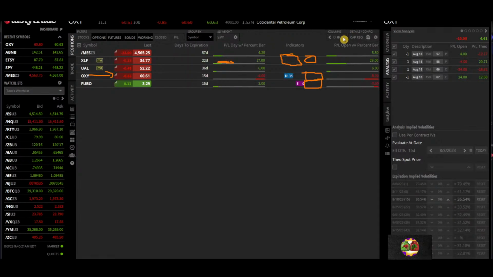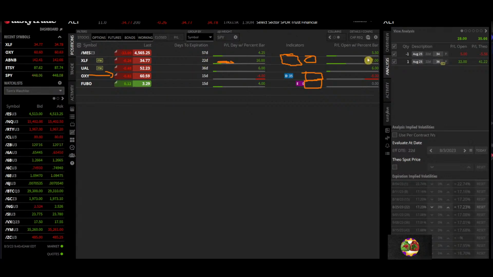So let's go look at it. P&L open with percent bar. So this isn't quite at $28. It's not even quite 50% profit. All right. So at 50% profit, I'll close it down because it has an expiration date. It's got 22 days left.